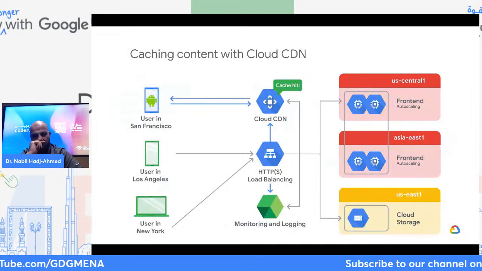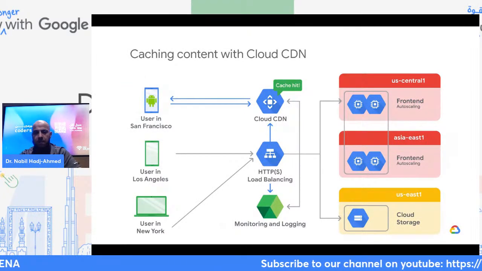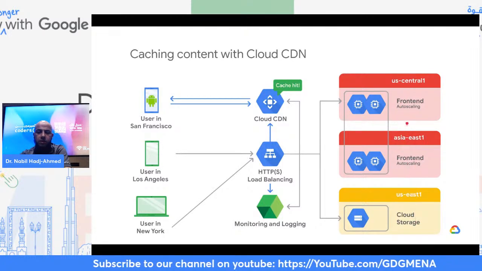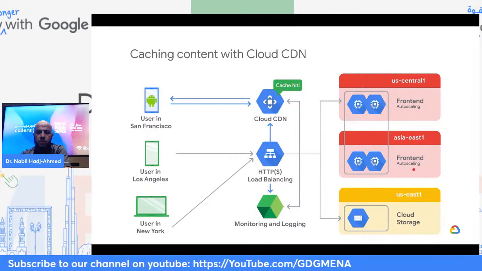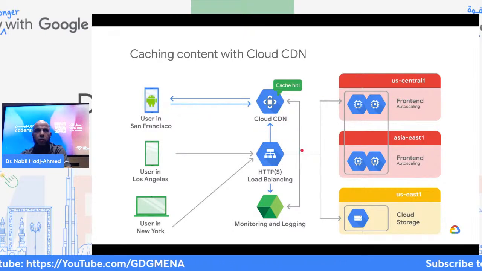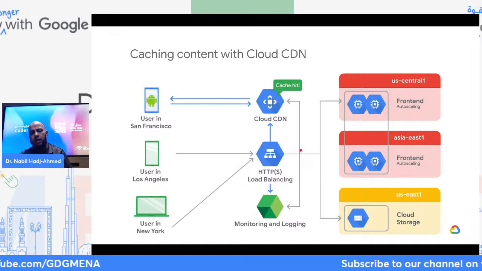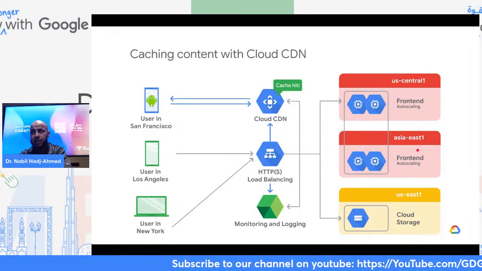So, caching content with Cloud CDN. We'll have a load balancer, and here we have different instance groups in different regions. The load balancer will send the user to the region, the instance group, that is close to them.